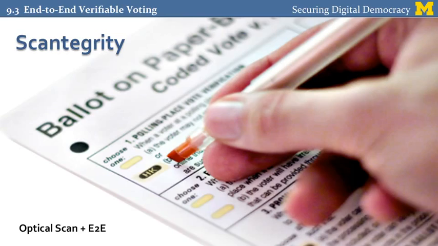First, you're given a ballot that has bubbles that are pre-printed with verification codes written in invisible ink. You use a special pen to cast your vote and mark the bubbles. And when you mark a bubble, you're given a short alphanumeric code that corresponds to each choice you made. The voter gets to write these codes down together with the serial number of the ballot, and that forms their cryptographic receipt.